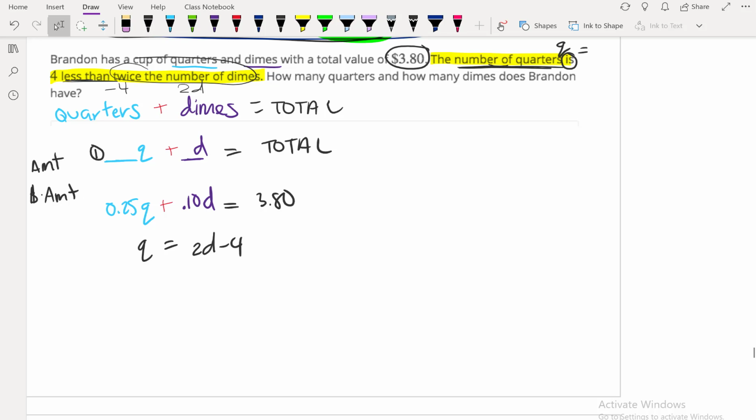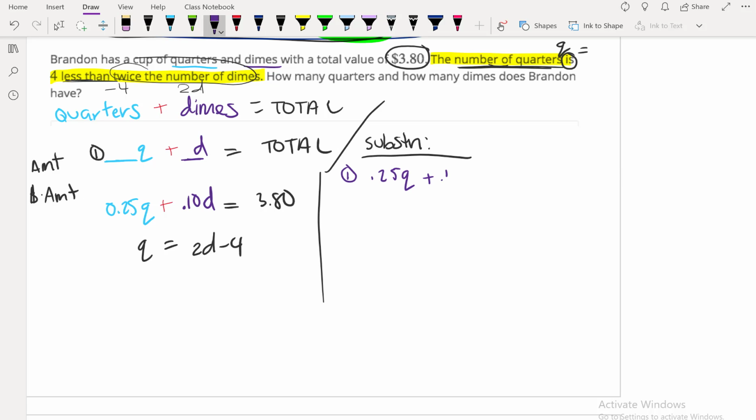So now that I have that, I'm going to go ahead and do a substitution. So in that first equation, I know that I have 0.25Q plus 0.10D is equal to $3.80.